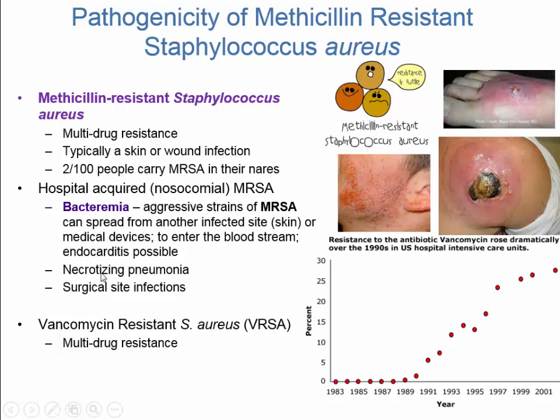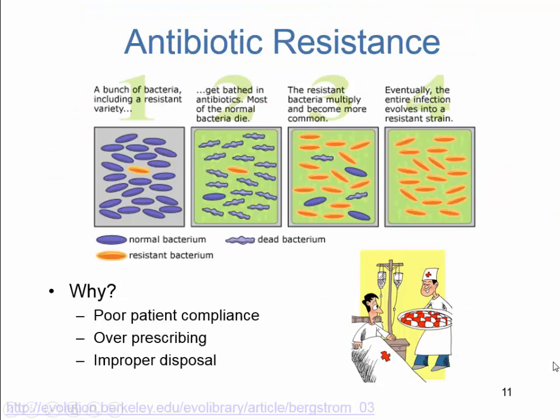There's other illnesses such as necrotizing pneumonia, there's surgical site infection issues. Of course, now we know that there is vancomycin-resistant Staphylococcus aureus, so VRSA. And these are just some of the images of staphylococcal infections that are really quite severe.